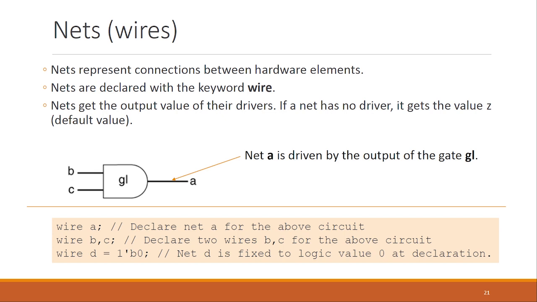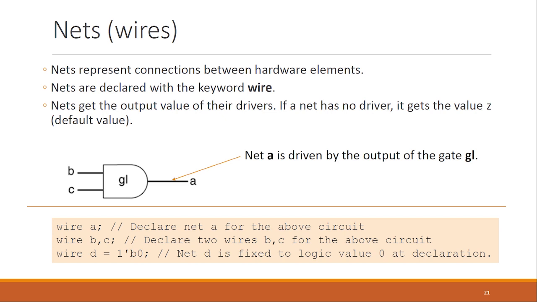And now assume that you need to declare another net or wire called D, and you need to assign 0 to that. Permanently you need to assign 0 to that. That is like you need to connect that wire to ground so that the logic value assigned to D will always be 0. So something like that you can do with the syntax given in the third example. Wire D is equal to 1 apostrophe b0.